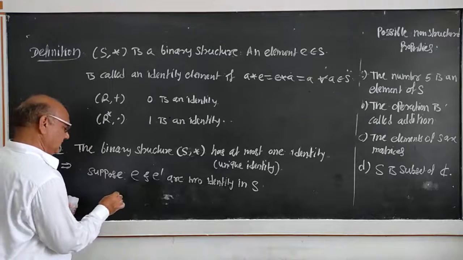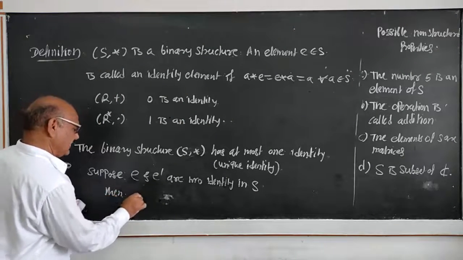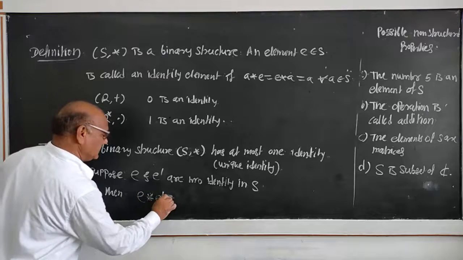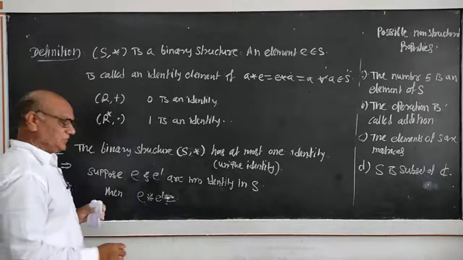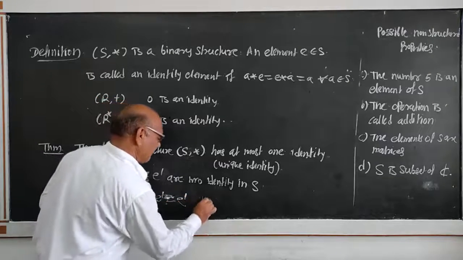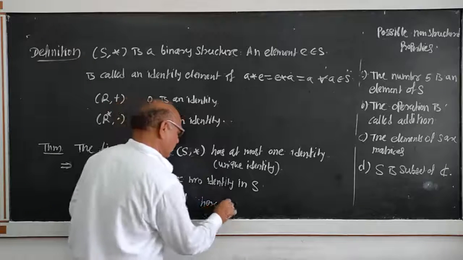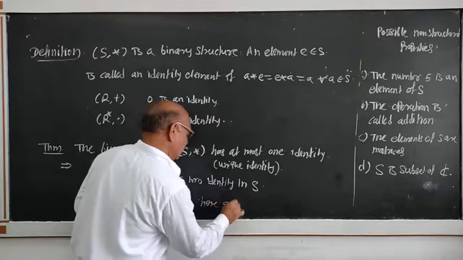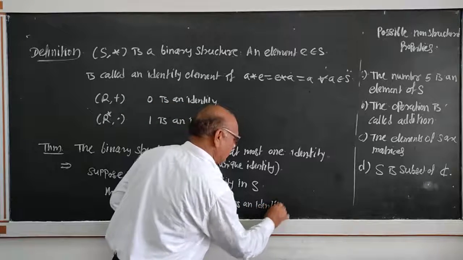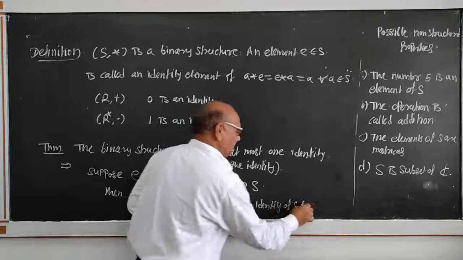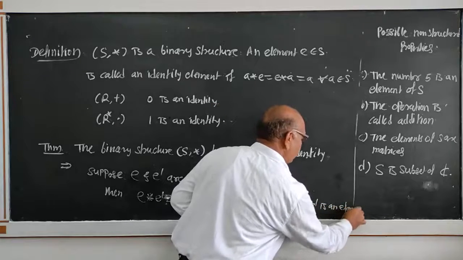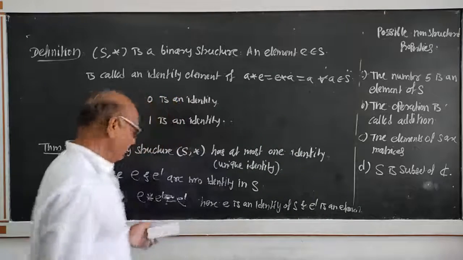Then e star e dash is equal to, here e dash. Here e is an identity of S and e dash is an element. We get this way.